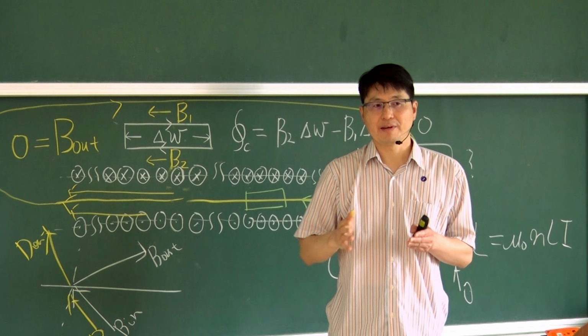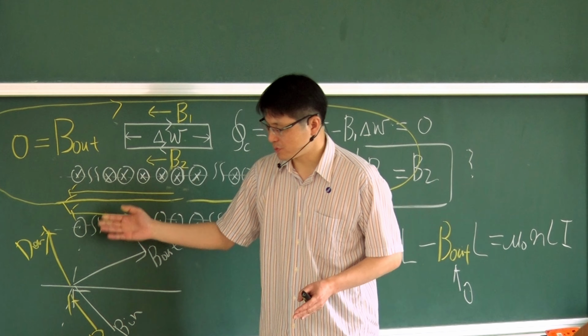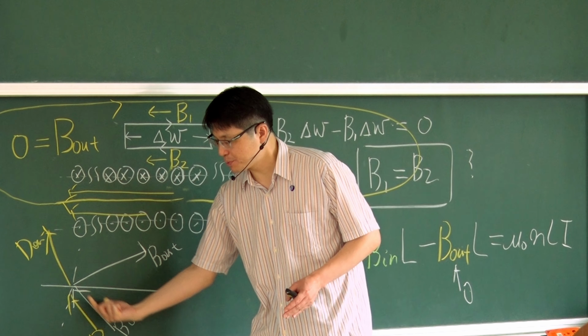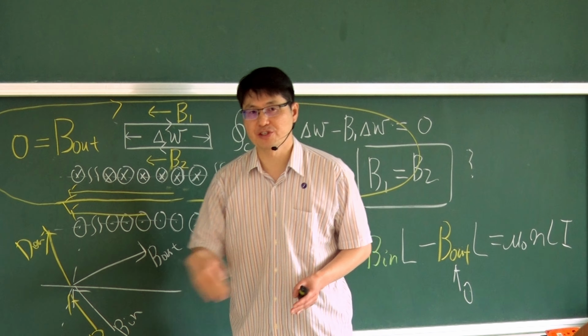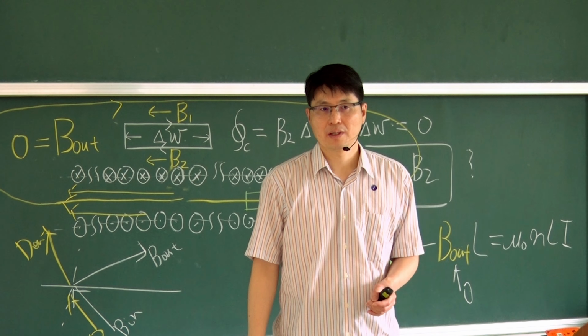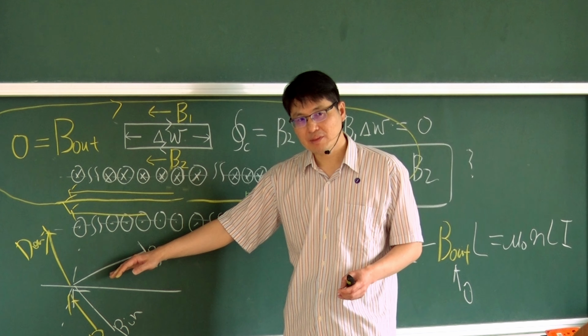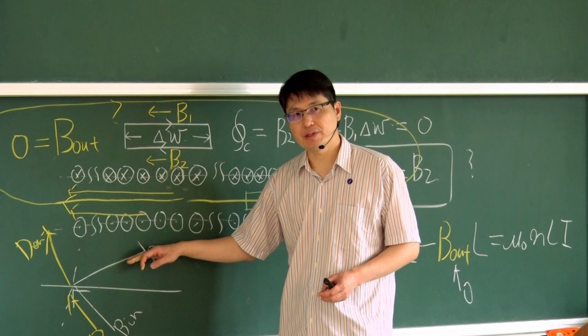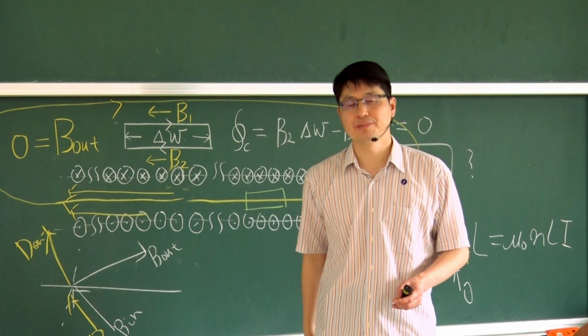In the world of electricity, the boundary values would always require the input field and the output field are on the different sides of the surface normal. But here in the world of magnetism, input field and output field are allowed to be on the same side of the surface normal.